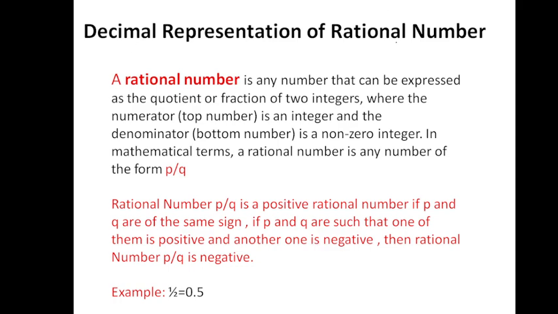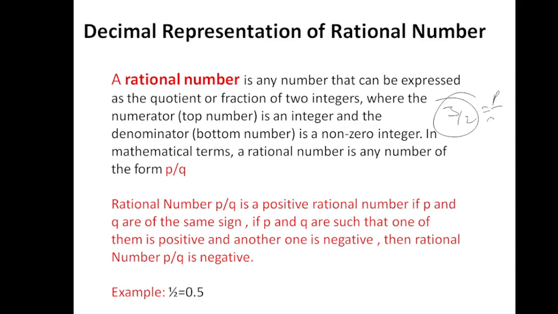Now, decimal representation of rational numbers. A rational number is any number that can be expressed as a quotient or fraction of two integers, like 3 by 2, where the numerator is an integer and the denominator is a non-zero integer.